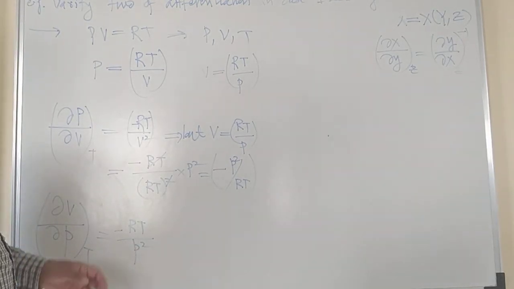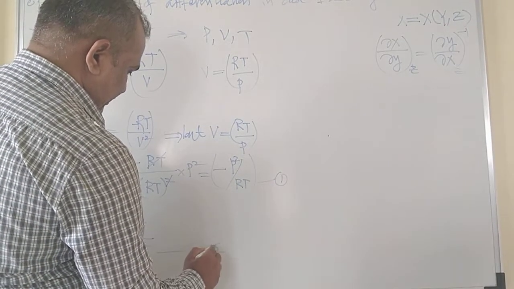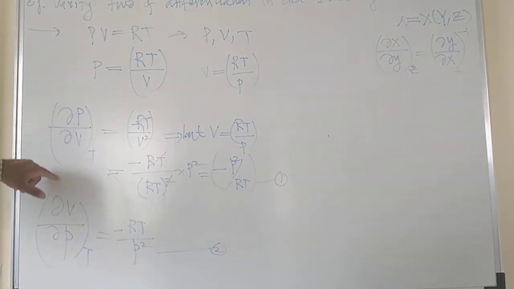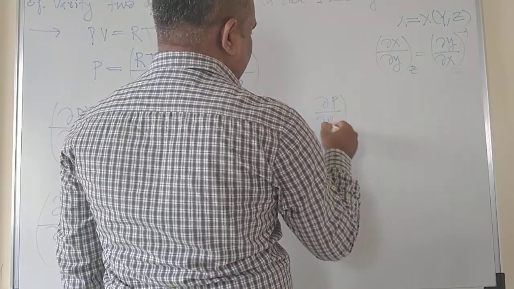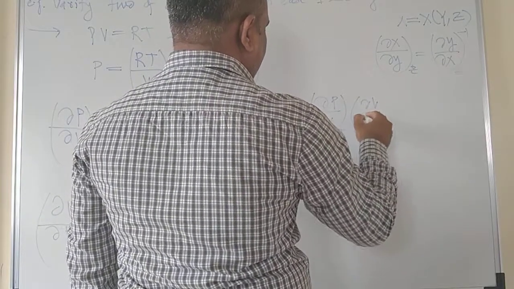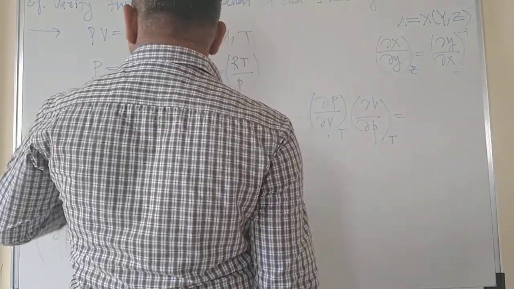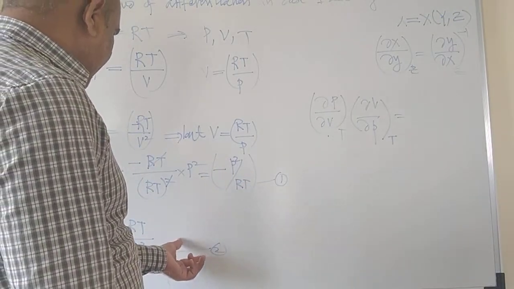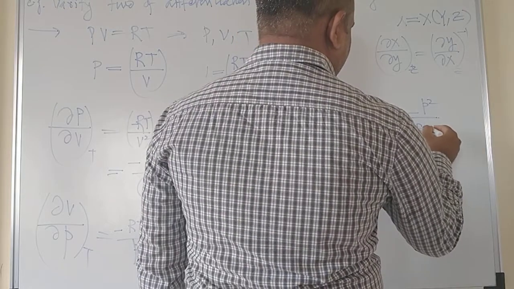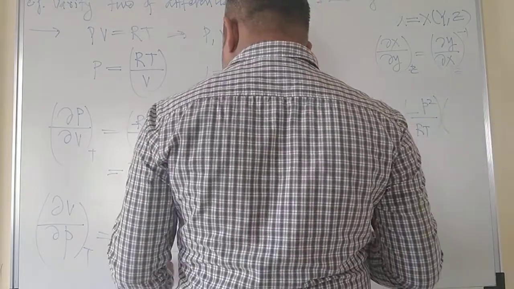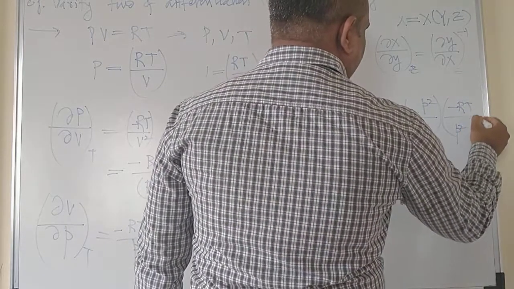Now multiplication of this equation, let's say this is equation 1 and equation 2. So this will give me dou P by dou V at constant T into dou V by dou P at constant T, and this is equal to, now this into this will be minus P square by RT, first bracket, second bracket minus RT divided by P square.